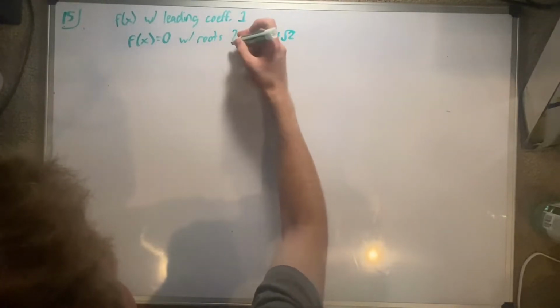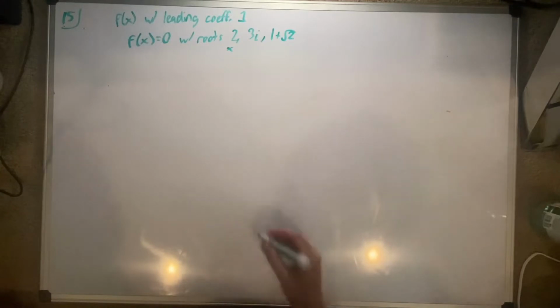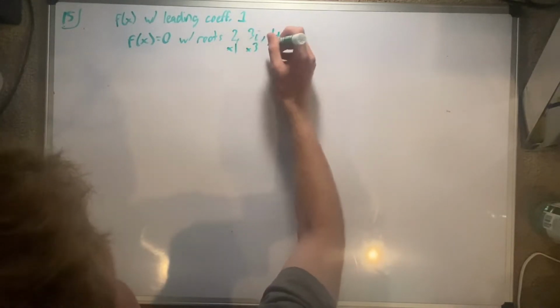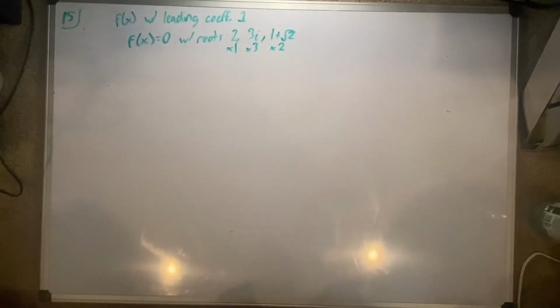And this is of a multiplicity 1, this is of a multiplicity 3, and this is of a multiplicity 2.